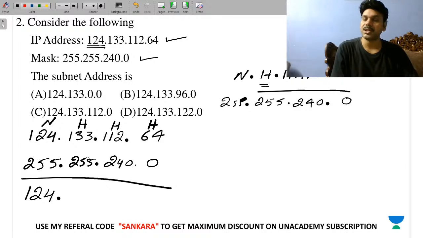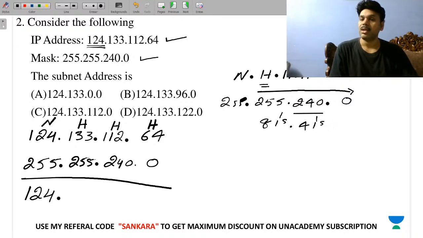Our intention is this because subnetting is basically masking of the host ID position of your subnet mask. In 255 there are 8 ones, we all know. In 240 there are 4 ones. That means this octet consists of network ID bits as well as host ID bits, and this octet consists of host ID bits.